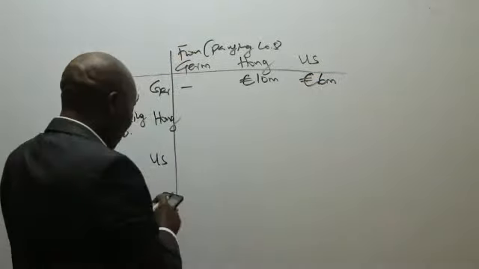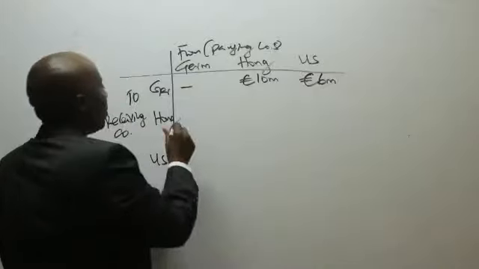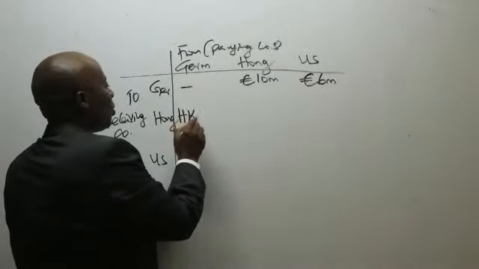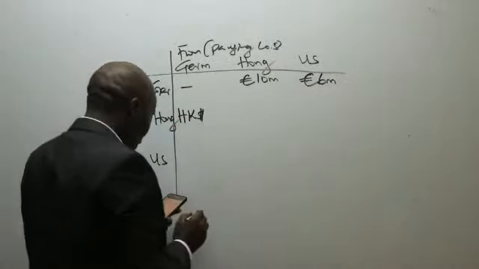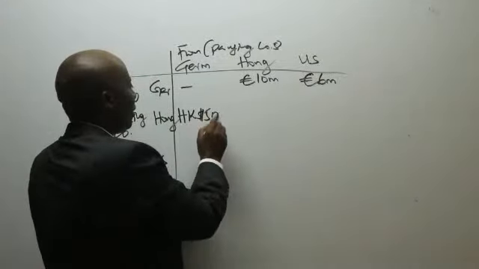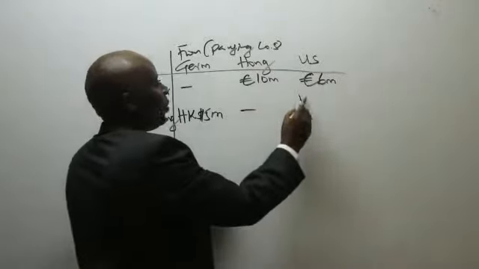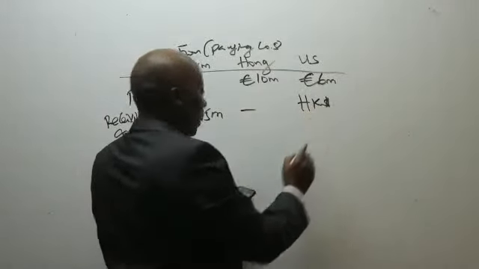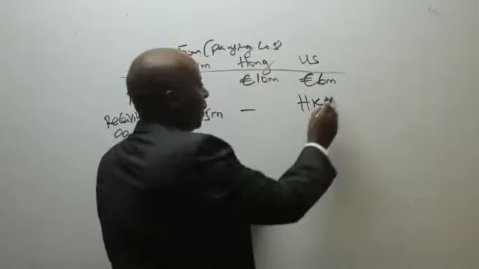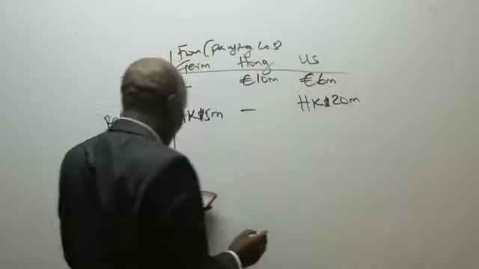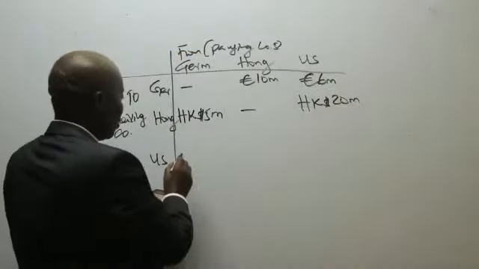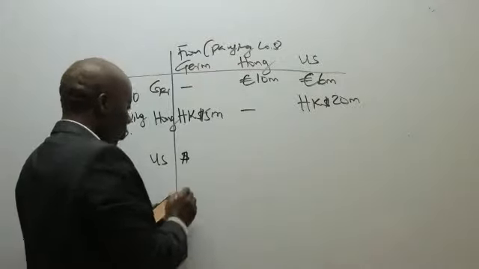And then we have Hong Kong dollars, 5 million. We have a dash there. Again, we have Hong Kong dollars of 20 million. And then we have dollars here, 12 million.